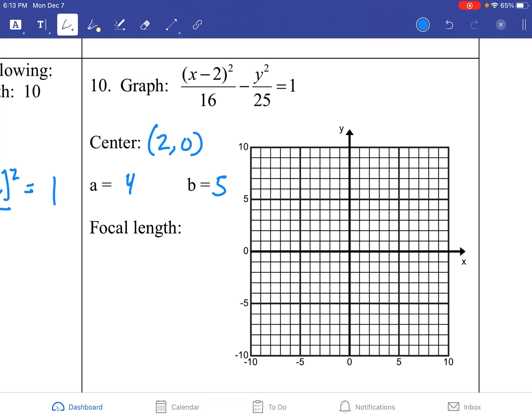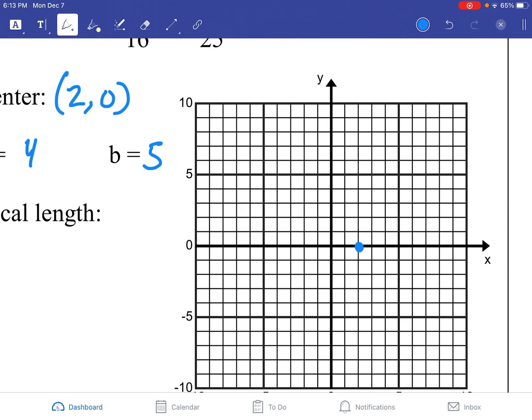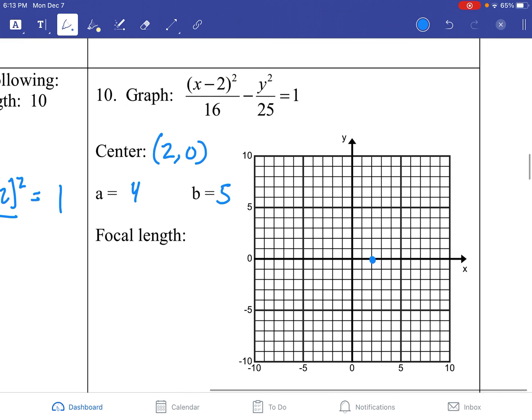So what we're going to do is draw our point in the center, which is at 2, 0. Since the a term is underneath the x, it's going to go left and right by 4. And since the b value is underneath the y, it's going to go up and down by 5. We're going to draw a dotted box, and through the corners of the box we make diagonal lines.